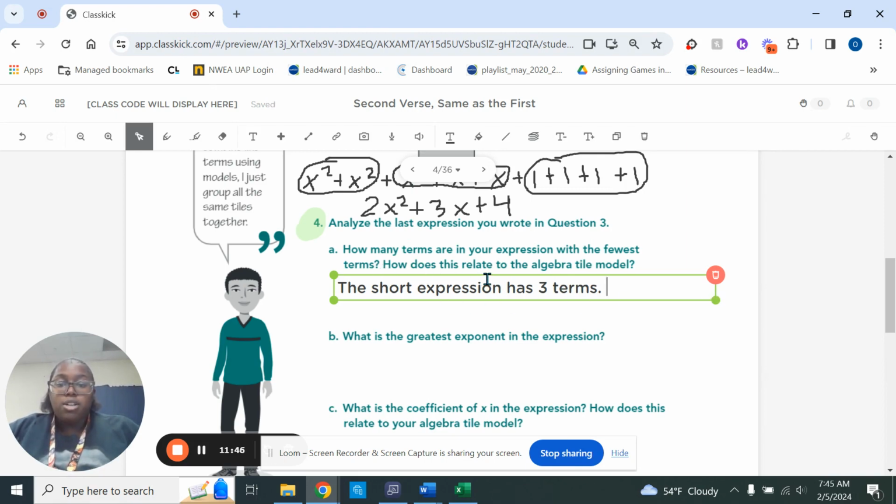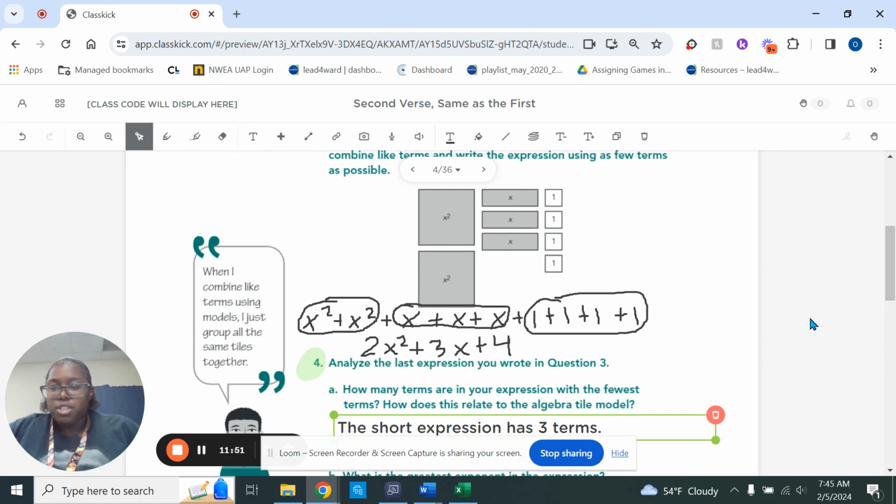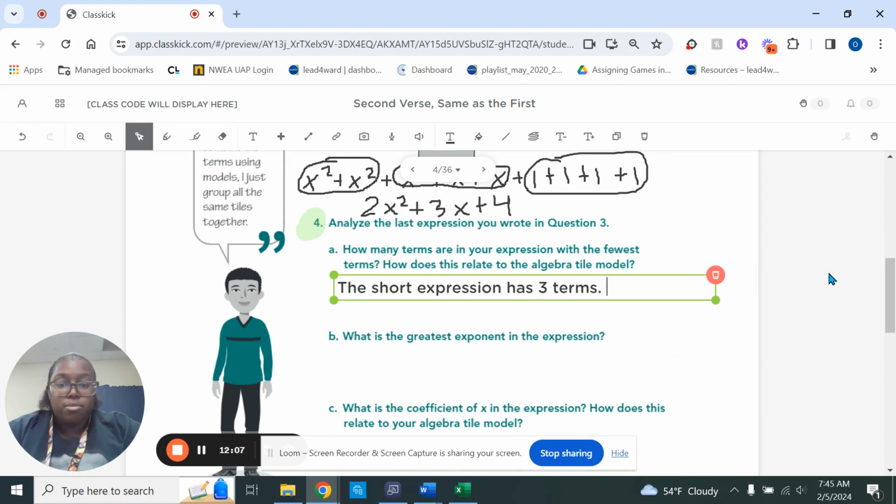And then it asks, how does this relate to the algebra tile model? Well, how many different tiles did we use? We used an x squared, so that's one kind of tile. We used an x tile, so that makes 2 types of tiles. And we used a number tile, which makes 3 types of tiles. The model used 3 different tiles.